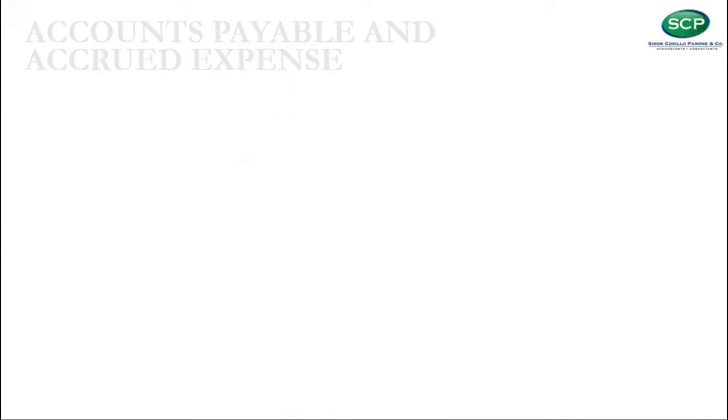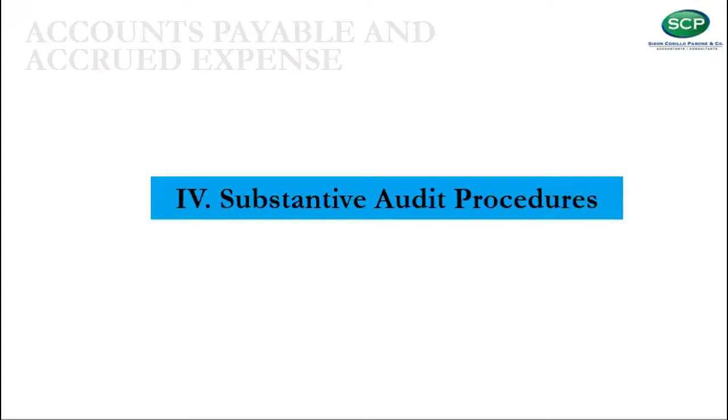Okay, so let's now talk about the typical substantive audit procedures performed on accounts payable and accrued expenses. As I have said earlier, we will only be discussing certain typically performed substantive audit procedures on this account, since in practice, the nature of the audit procedures to be performed on a particular client depends on the results of the risk assessment procedures we perform during the planning phase of the audit.